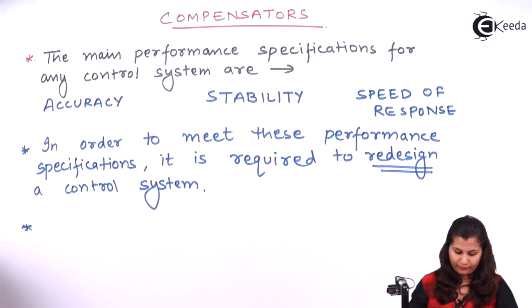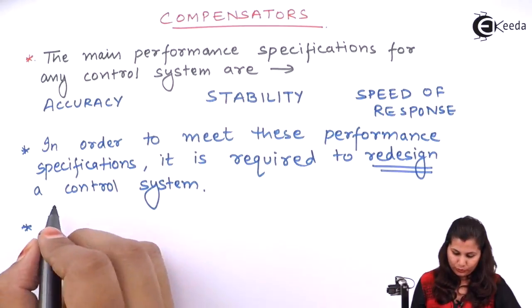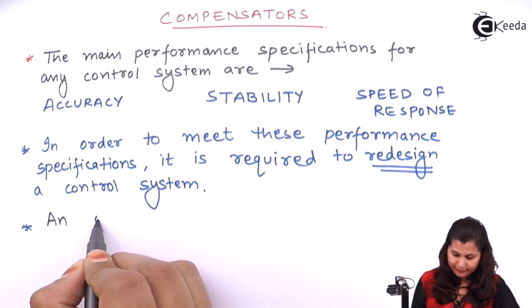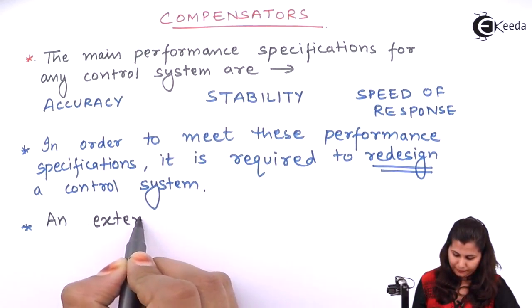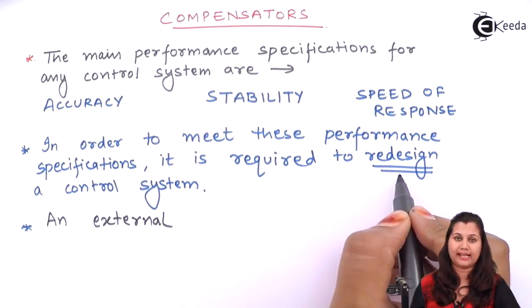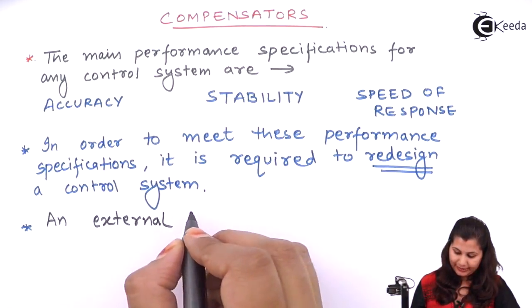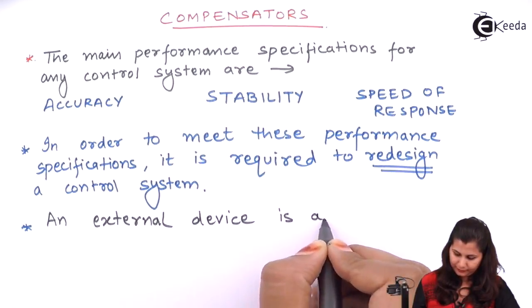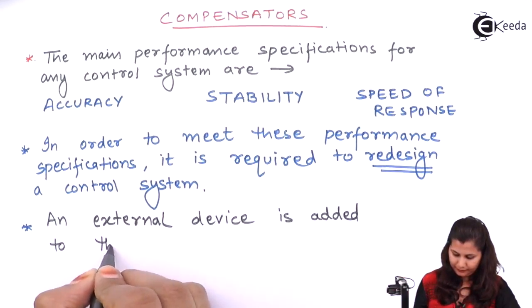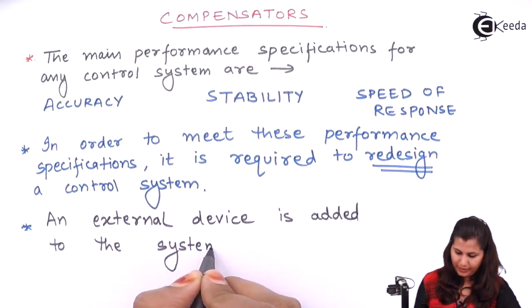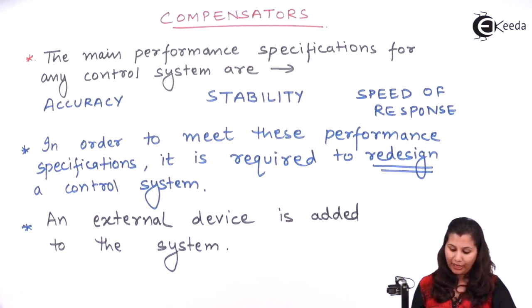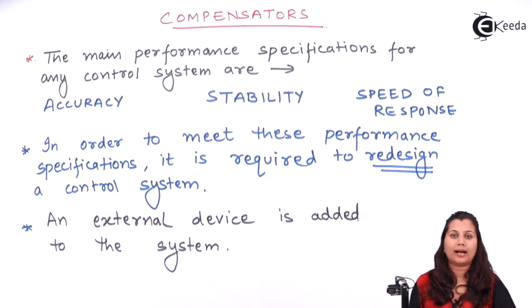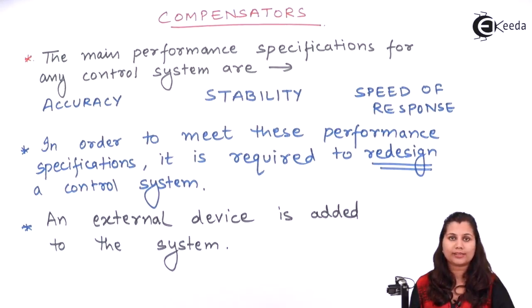So in this redesigning, we add an external device to the system, and this technique of adding an external device is known as the compensation of the control system.